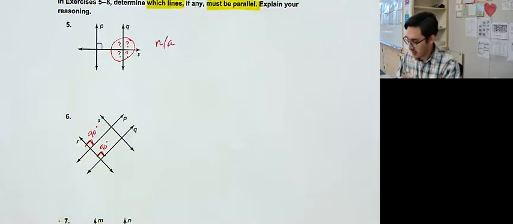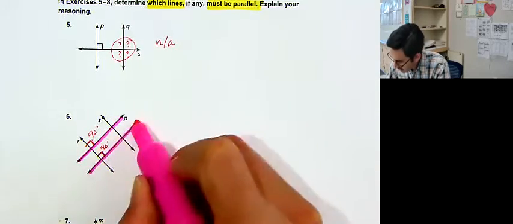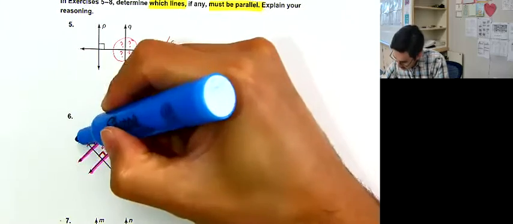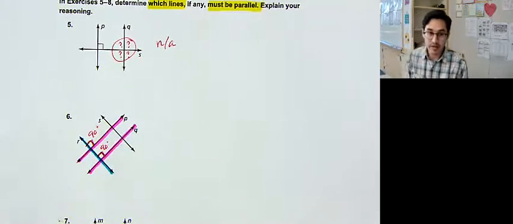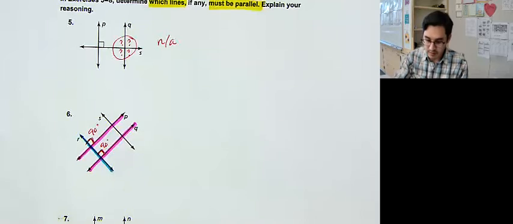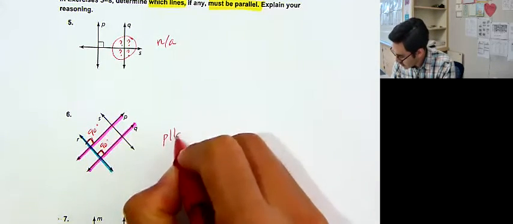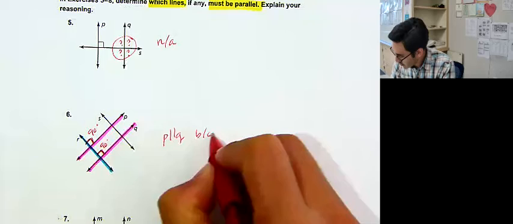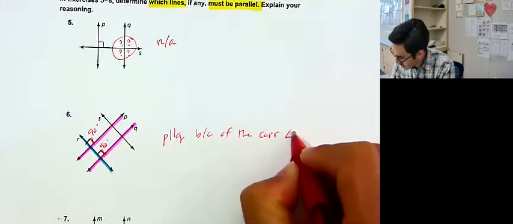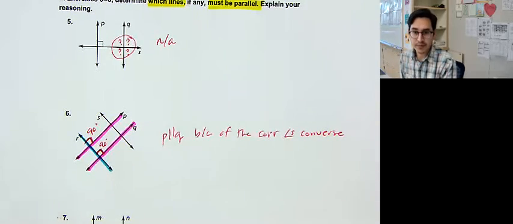Okay. And so we could say that lines P and Q are parallel, and line R is going to be the transversal, and then those are the 2 corresponding angles. So we can say P is parallel to Q because of the corresponding angles converse.